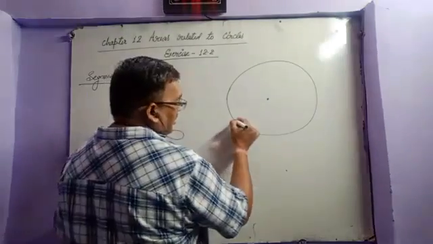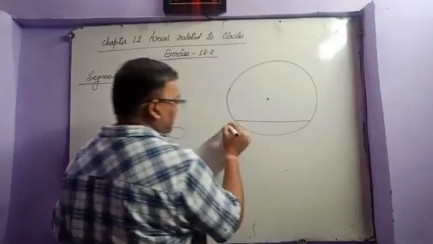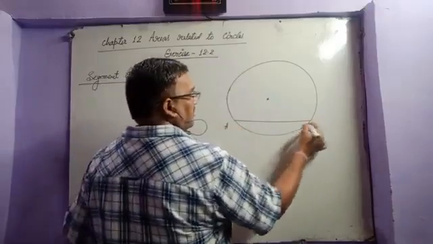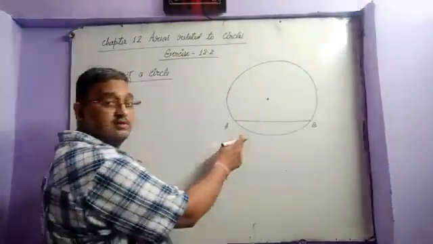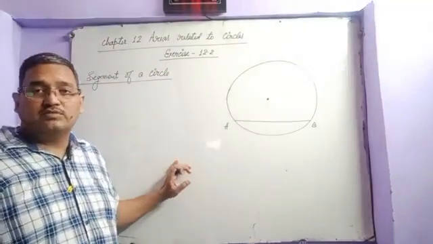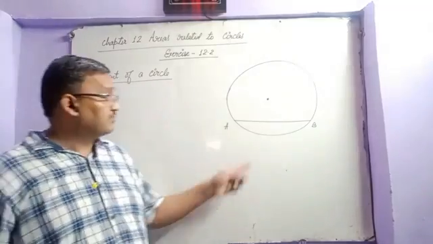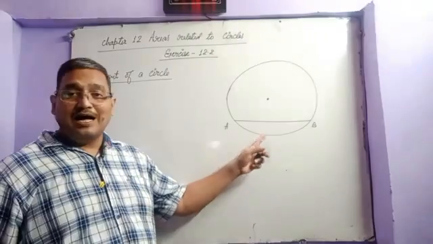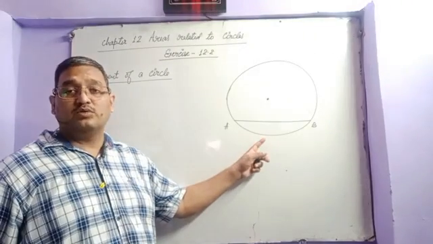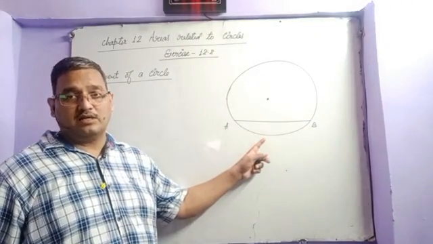If we draw any chord, this AB is the chord of the circle, and this is the arc of the circle. The region between the chord and the arc of a circle is known as the segment of the circle.